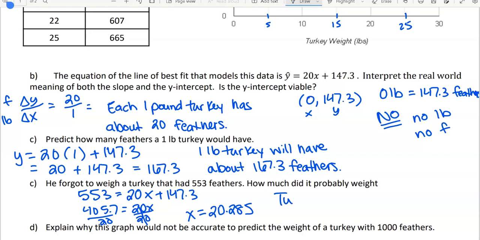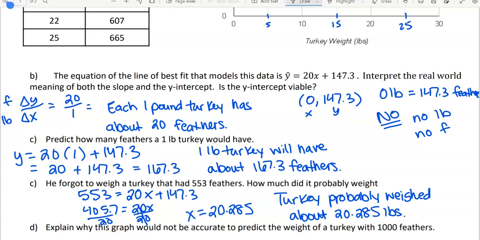So the turkey probably weighed about 20.285 pounds.